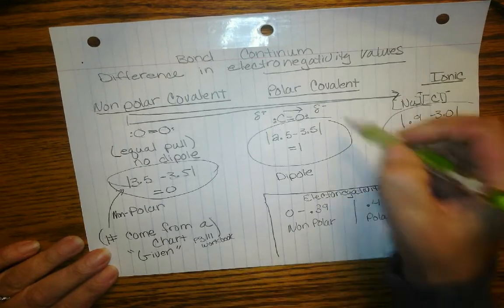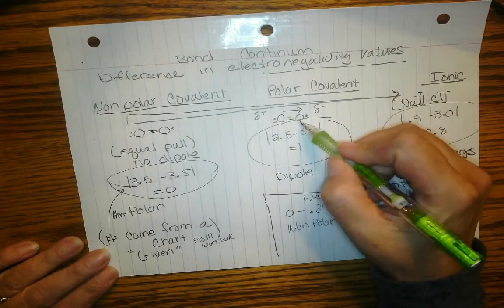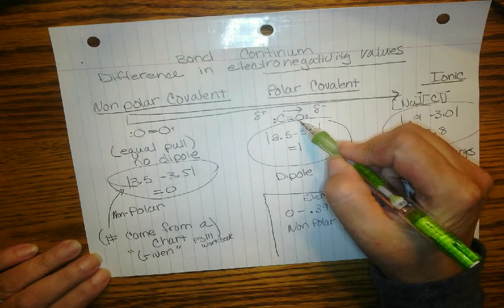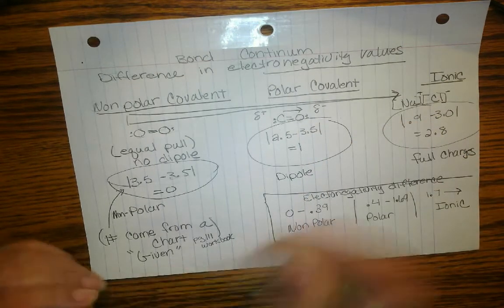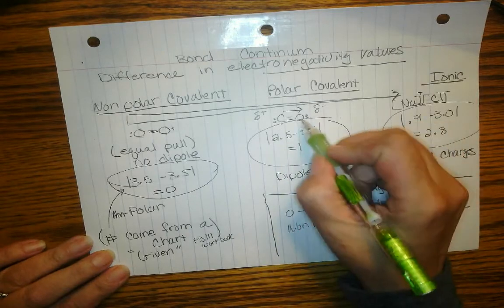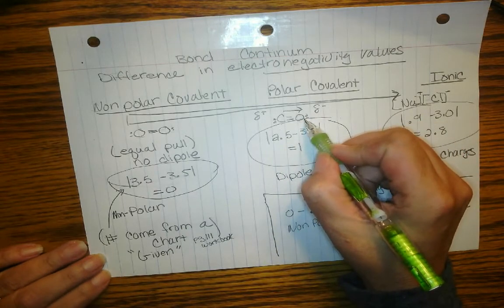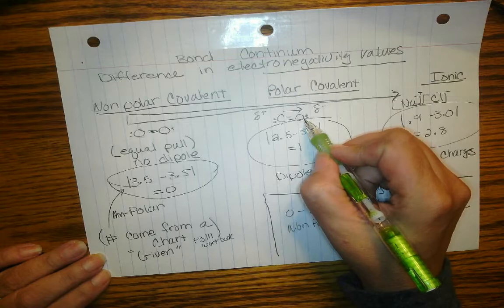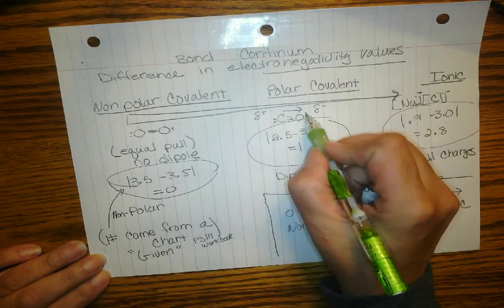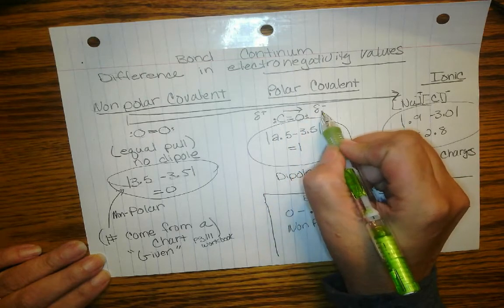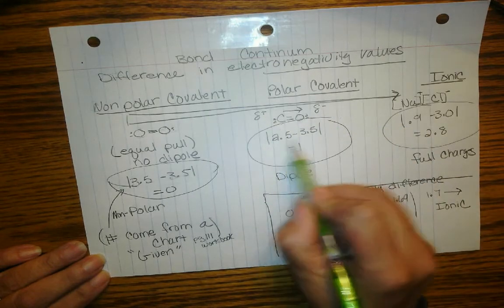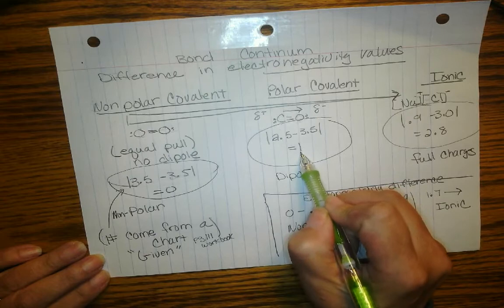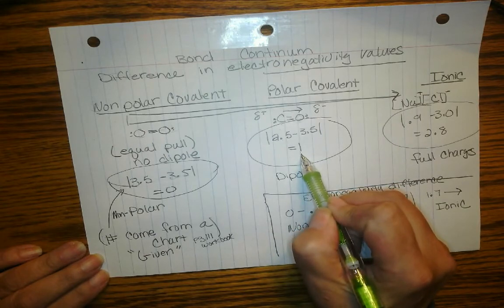So if we look over here, carbon and oxygen are not the same atom. That means they have different electronegativity values, and one's going to pull harder. If I look at my trend, oxygen is more to the right. It has more protons. It's going to pull harder, so it pulls these electrons over here, and I have a partial negative value here and a partial positive there. If I subtract the values, I get an electronegativity difference of 1, and that's going to mean something in just a second.